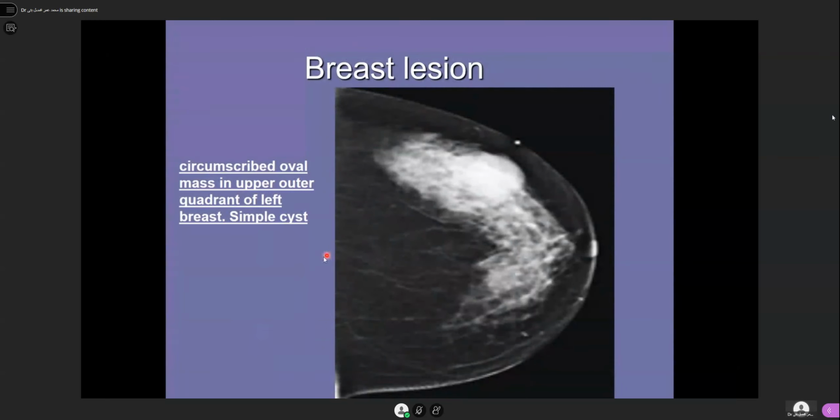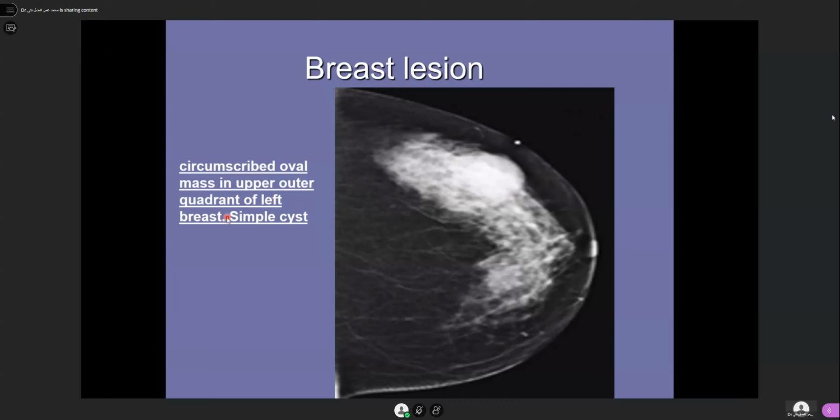Okay, this is a breast lesion. You can clearly visualize it is well defined. Although the inner margins are not clearly visualized because of the fibroglandular tissue, you can see the outer margins are very well defined, and it is radiopaque.